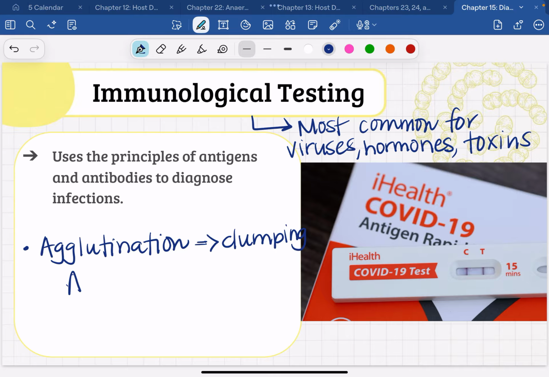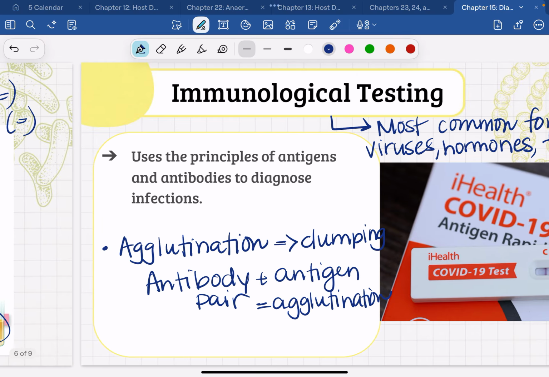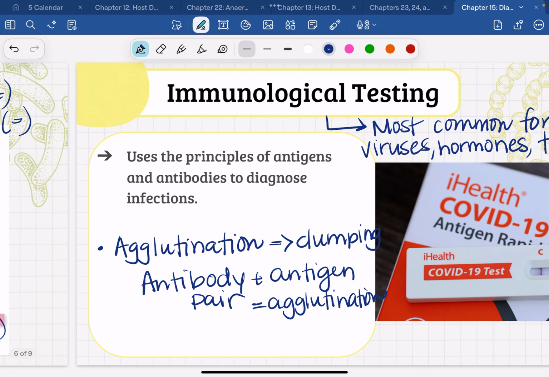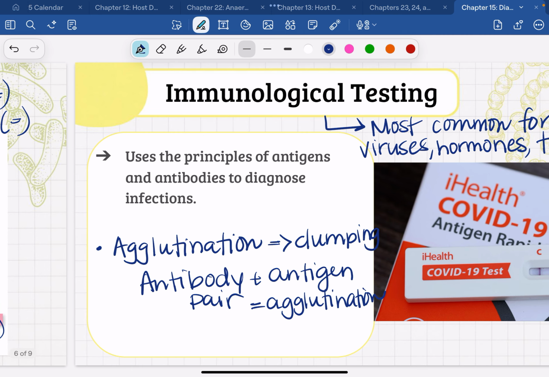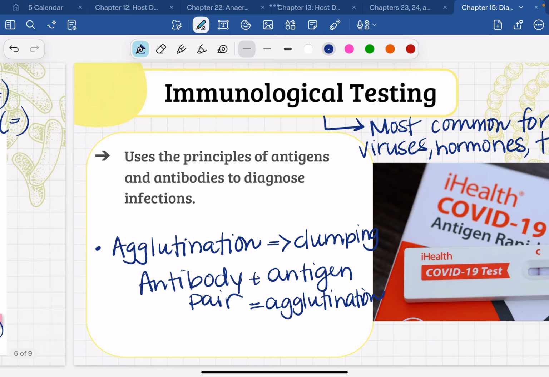Okay, so when you have the correct antibody antigen pair, that is going to lead to agglutination. And remember that antibodies and antigens are very, very specific. You're not going to get agglutination unless the one antibody that you're looking for binds with a specific antigen. Okay, they're individual. One antibody is always going to match up with one antigen.